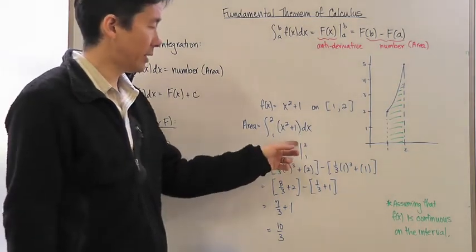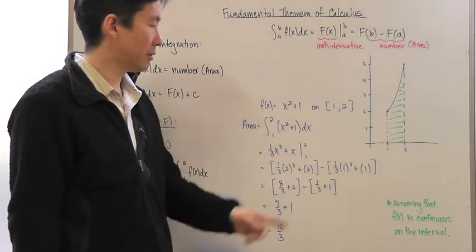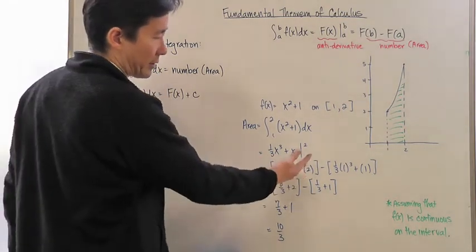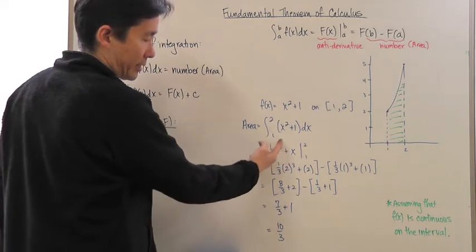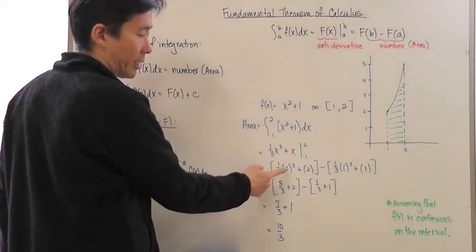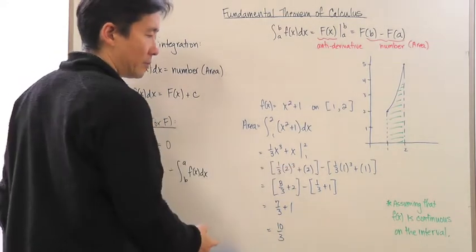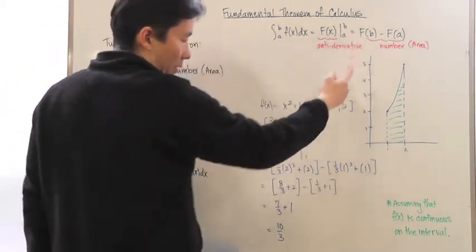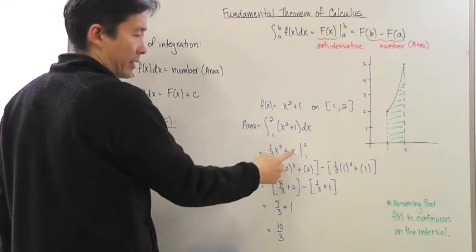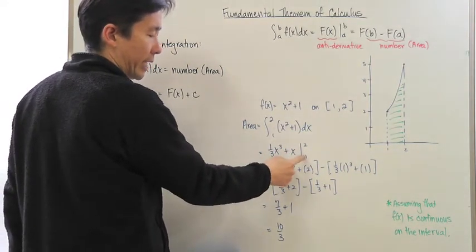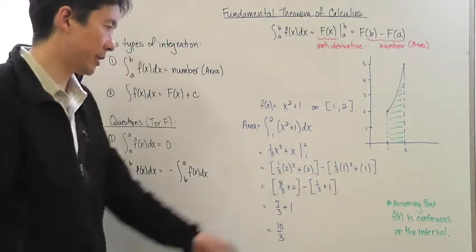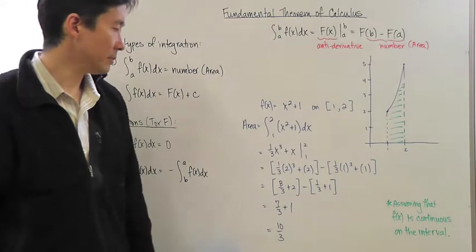Now I'm going to evaluate it from 1 to 2. I substitute the value of 2 into this antiderivative and come up with 1/3 times 2 to the third plus 2. Then I subtract the same antiderivative evaluated at 1, which is 1/3 times 1 to the third plus 1.